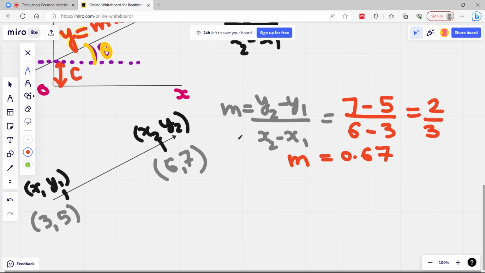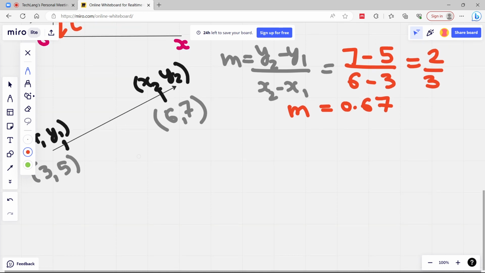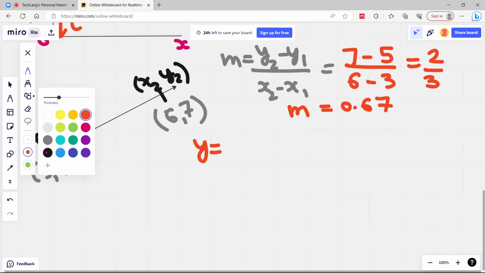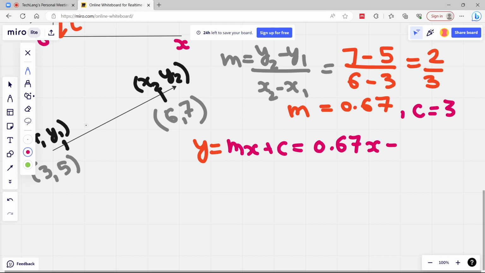Now we have this slope value and we have a c value, let's say I'm assuming c as 3, right? So we have mx plus c. Let me put these two values in. So we have 0.67 into x plus 3, right? Now let me calculate the selling price.